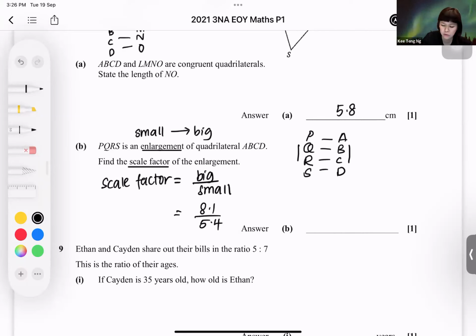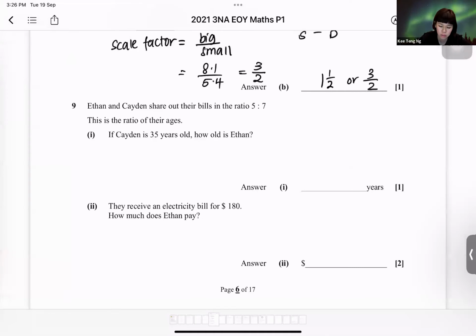That gives me the scale factor 3 over 2. So it's an enlargement, right? So the thing becomes bigger. So actually this one can be 1.5 or 3 over 2. Or 1.5, but usually we write it as a fraction. Then next question, this one is ratio. I should assume that you know how to do the ratio question.